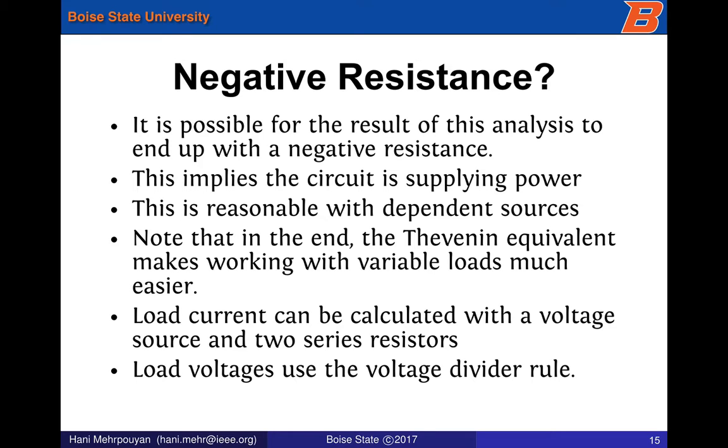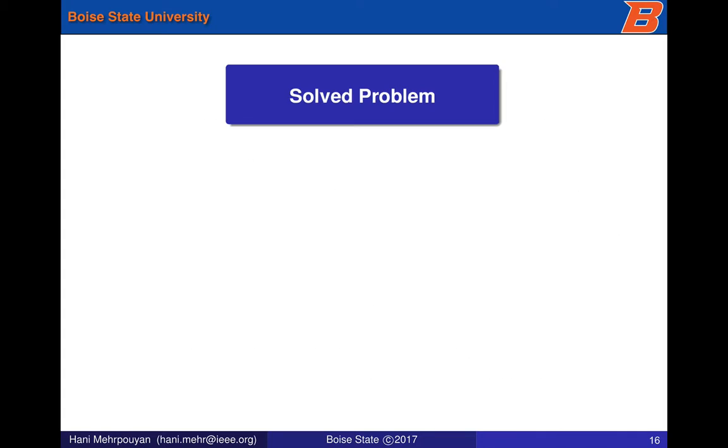The negative resistance means that you're supplying voltage. And as I mentioned before, it would be much easier to determine what happens with the overall circuit when you connect the load. With that said, we will solve some more problems in class and clarify the topics better.